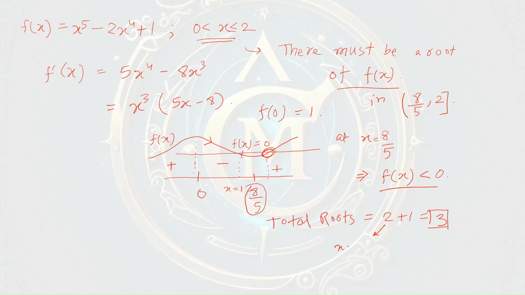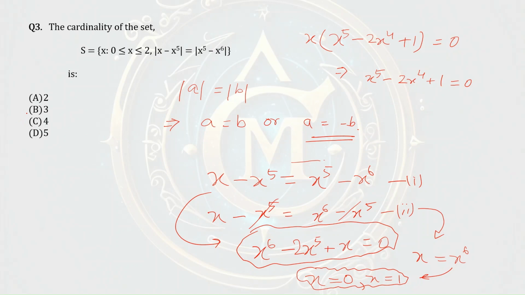These two are x equal to 0, x equal to 1, and this is x equal to say alpha, where alpha lies in this interval. So the correct option for this question will be option B. I hope you all understood this question.